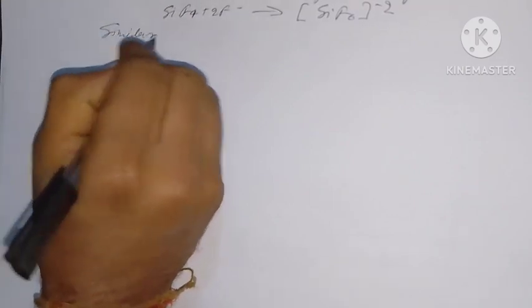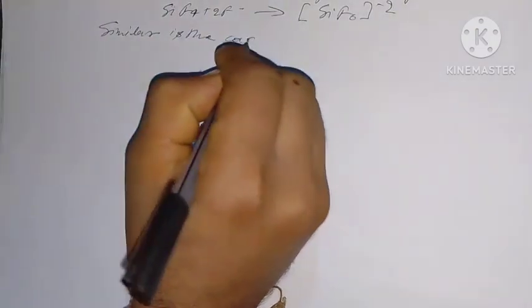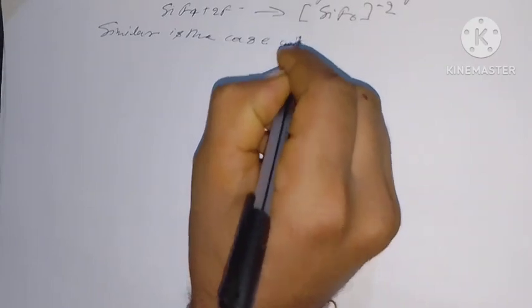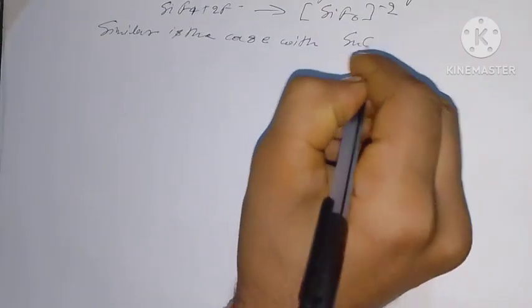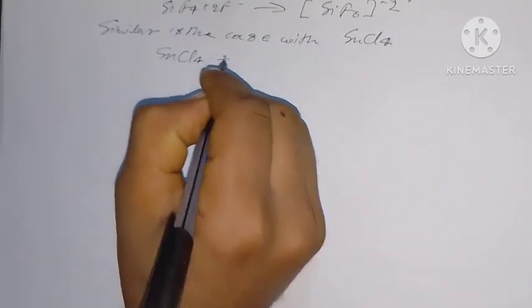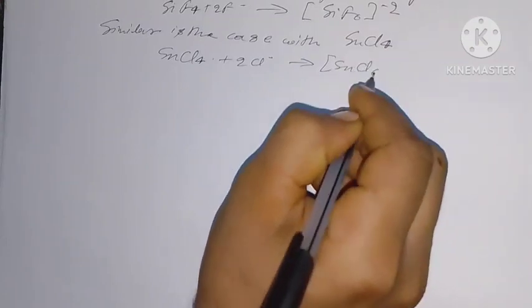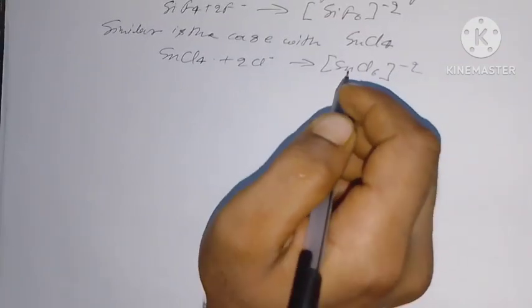Similar is the case with SnCl4: SnCl4 plus 2Cl negative forms SnCl6 2 negative.